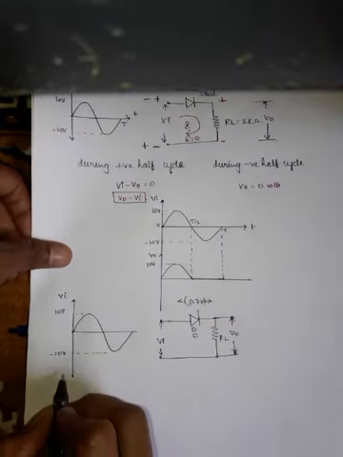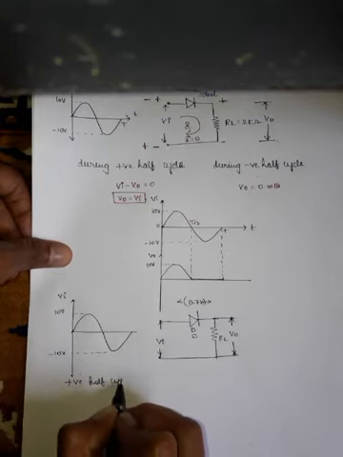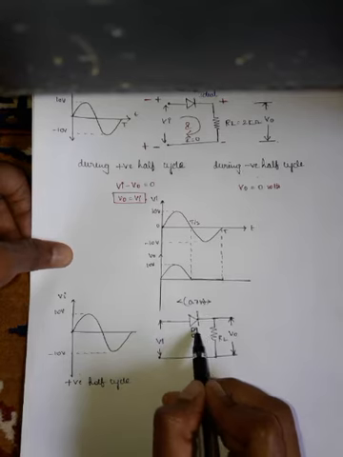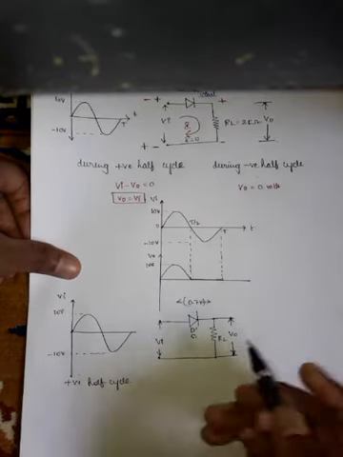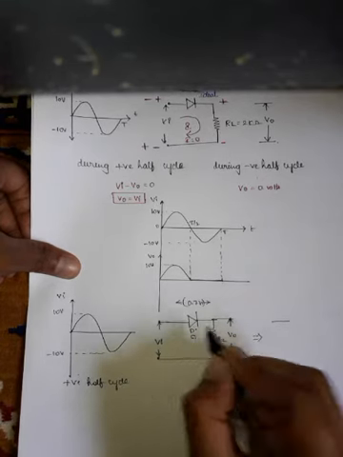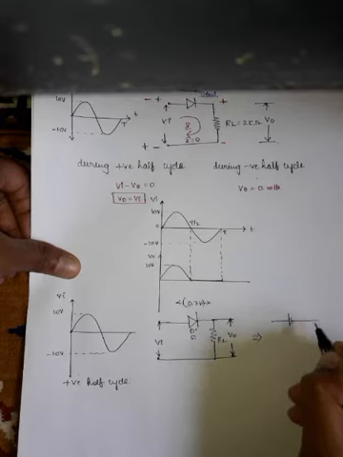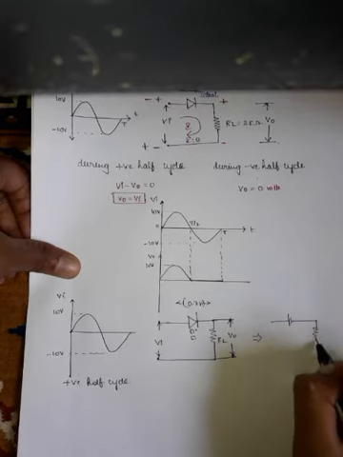So during the positive half cycle, the diode is in the forward bias condition. The circuit will be like this. We need to replace the diode with the barrier potential.